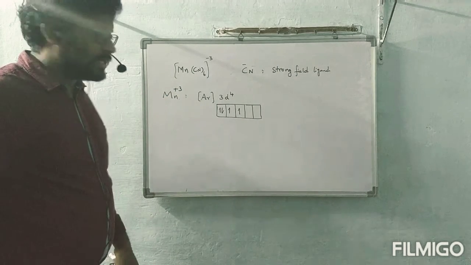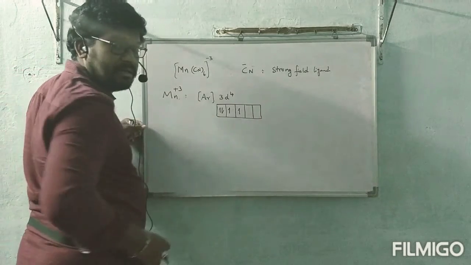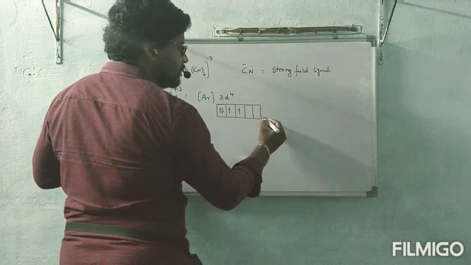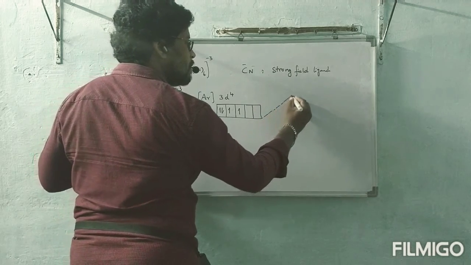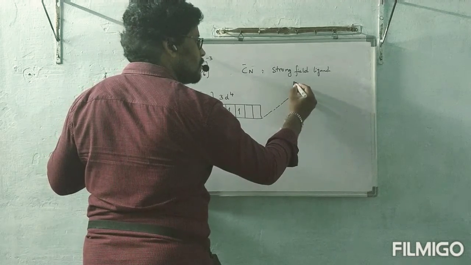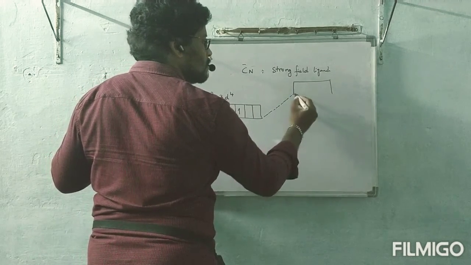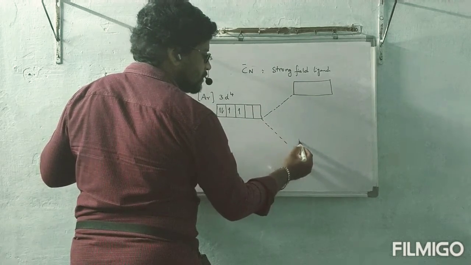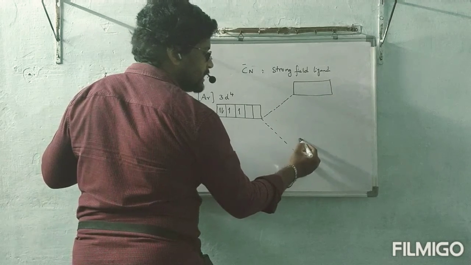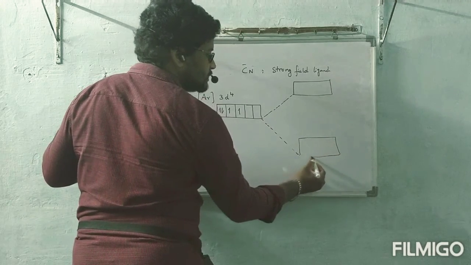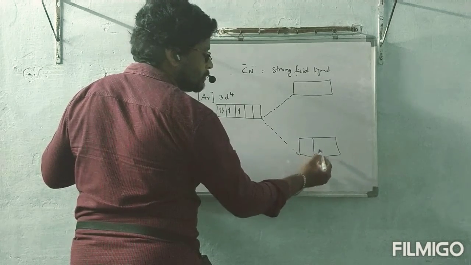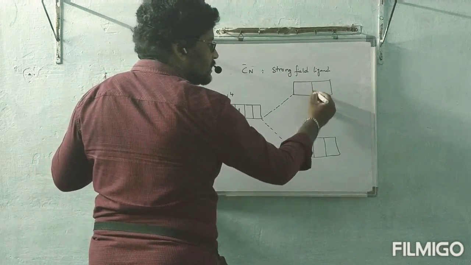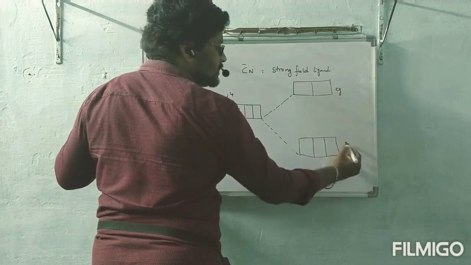In an octahedral complex, these 5 d orbitals are split into sets. For your understanding, I am writing clearly like this. For every complex, no need to write like this; you will easily understand. Now this is the eg set, this is the T2g set.